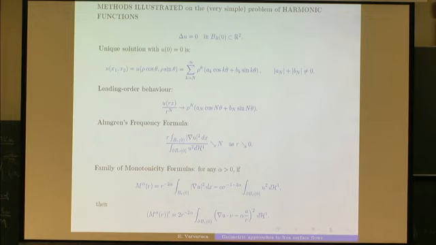And then on the other hand, there also exists this family of monotonicity formulas. Here they do involve the same quantities: the integral of the gradient squared, the L2 norm on the boundary, with suitable scaling factors in front.